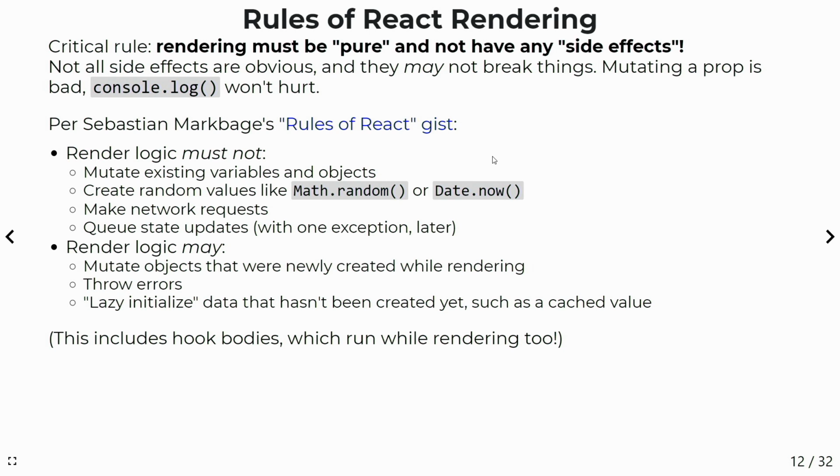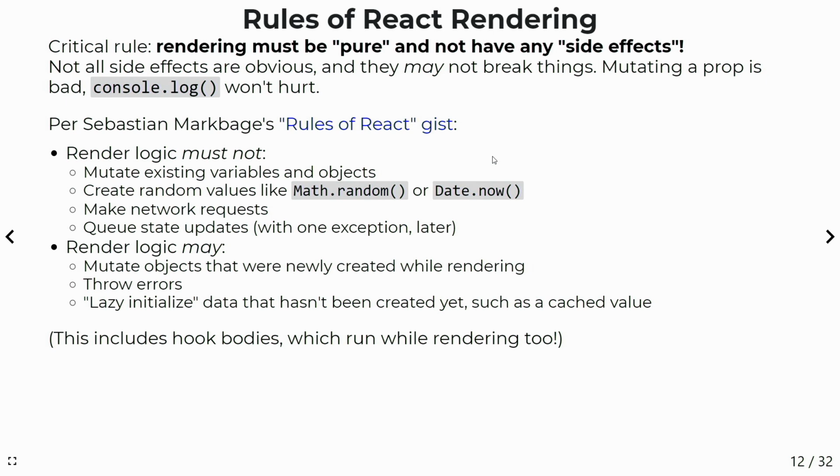A side effect is anything that affects the state of the world outside of this function as it runs. It could be mutating a variable that exists in the module scope, mutating a prop, making an async request, triggering a timer. Technically speaking, console logging is a side effect. It's just a side effect that doesn't actually hurt anything.